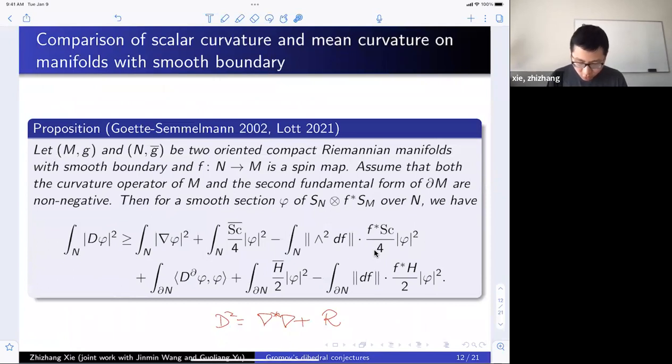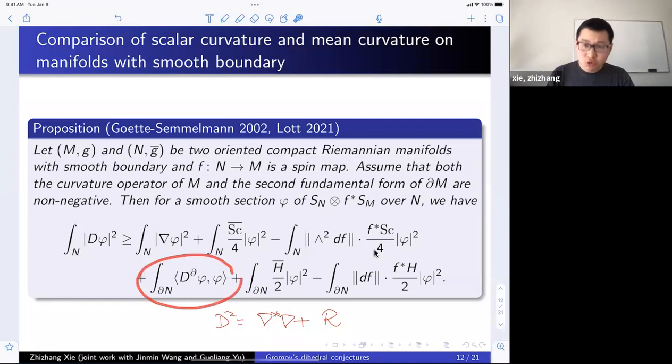But anyway, basically the Dirac operator detects the comparison of scalar curvature, the comparison of the mean curvature, and then you have this boundary term. This is the Dirac operator that you define by using the normal vector of the boundary, which gives some boundary Dirac.